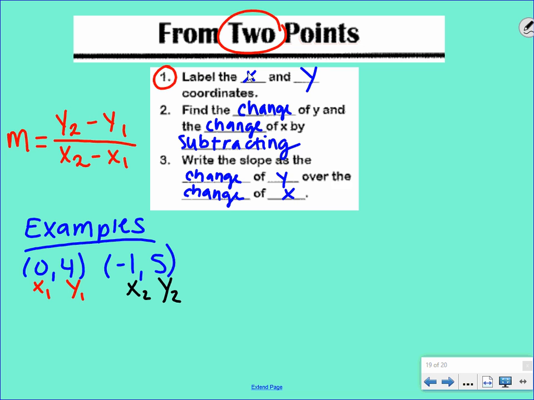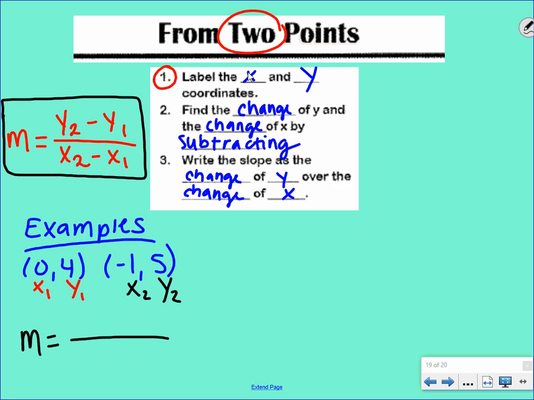Now we can use our equation to solve for our slope. So we have m equals y2. Well, what number is our y2? It's 5. So we put 5 minus y1. Well, what number is our y1? It's 4.